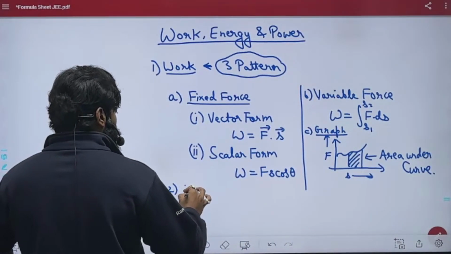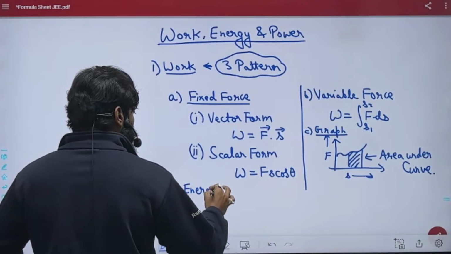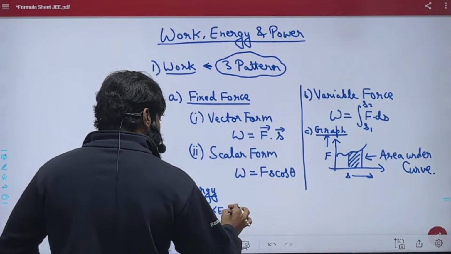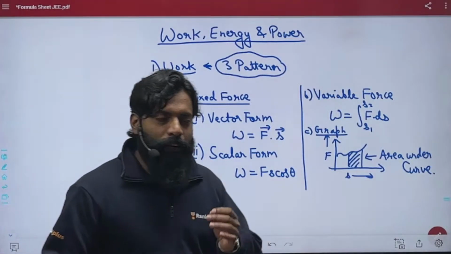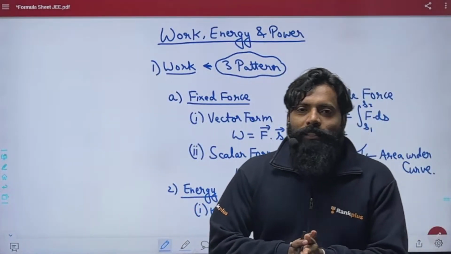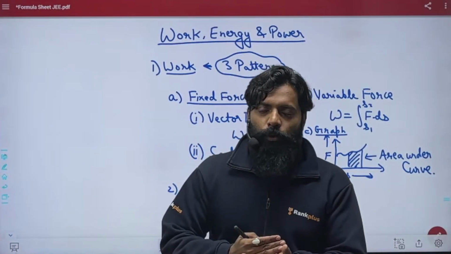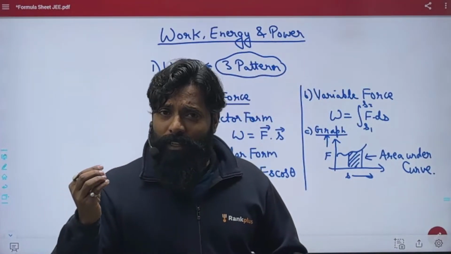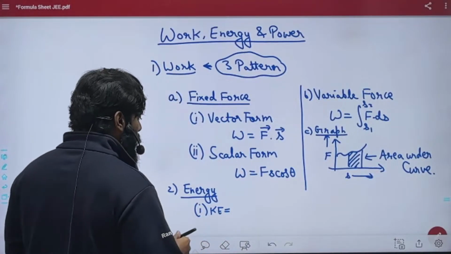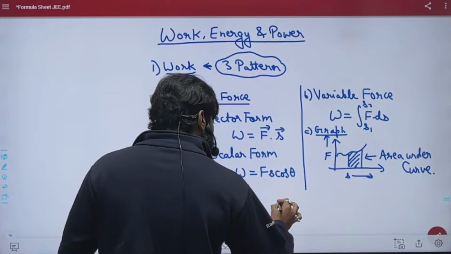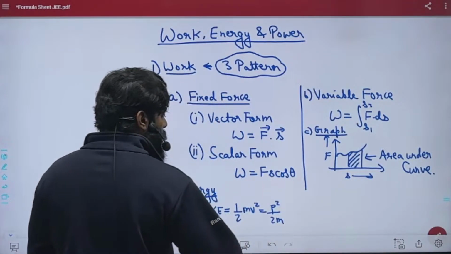For energy, we have kinetic energy. Kinetic energy is one of my favorite energies, because its formula remains the same irrespective of whether I am solving a question of mechanics or modern physics. The formula is half mv square. Also, you can relate this formula with the momentum.